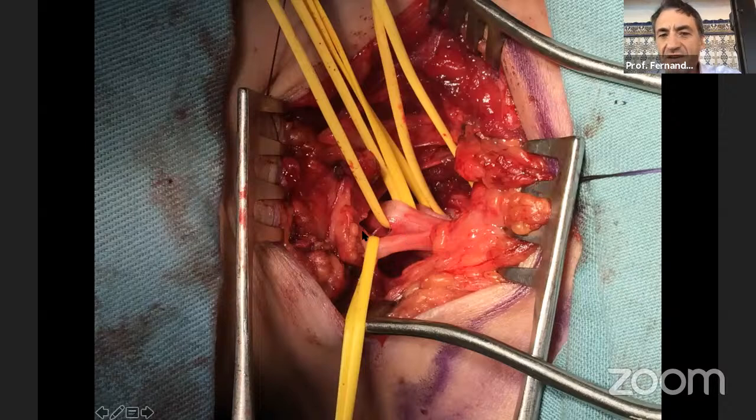We can identify here C5, C6, superior trunk, and C7. Because my target was the inferior trunk, I do not dissect the final part of the superior trunk. We will see this in a case of trauma.